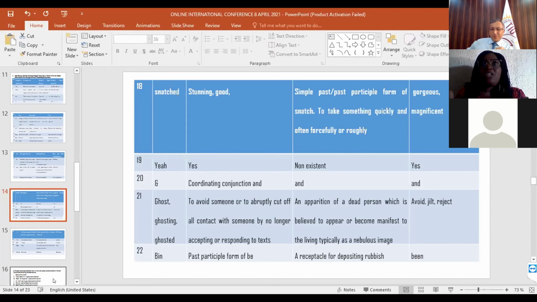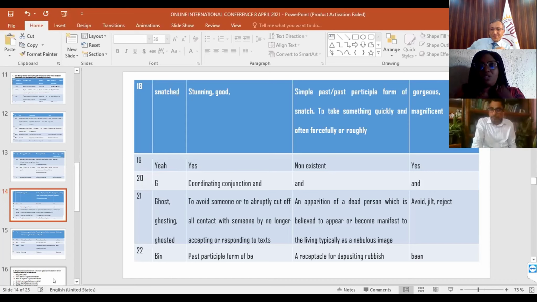In the standard English variety, this is an apparition of a dead person, which is believed to appear or become manifest to the living, typically as a nebulous image. So why not just say avoid or jilt instead of ghosted.